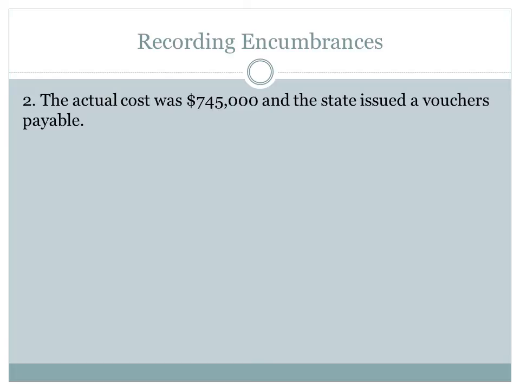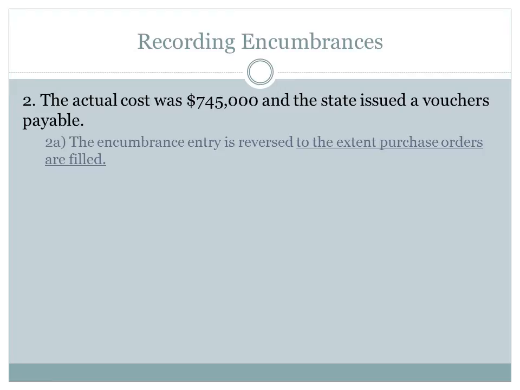The second part of this encumbrance example is when the actual cost is known, when the contract is complete or the goods are officially delivered. In this case, the actual cost was $745,000, and the state issued a vouchers payable.